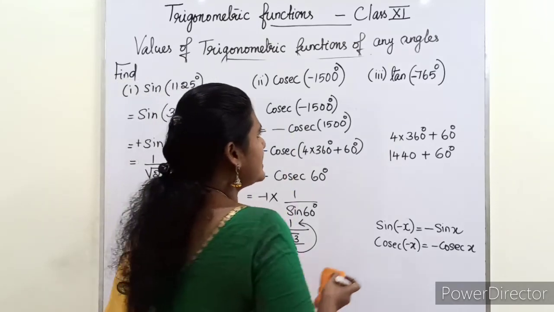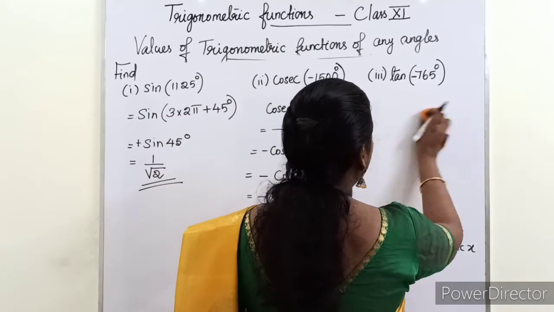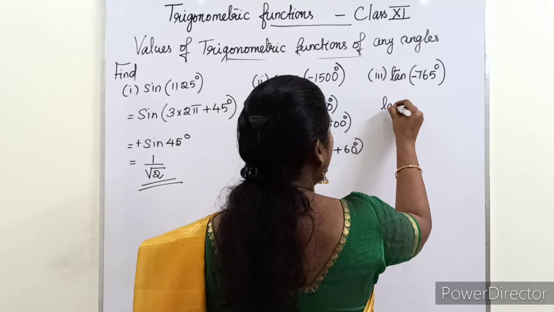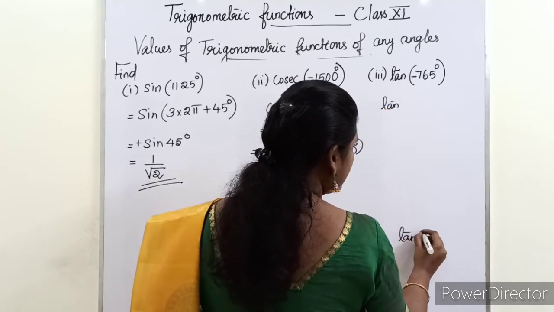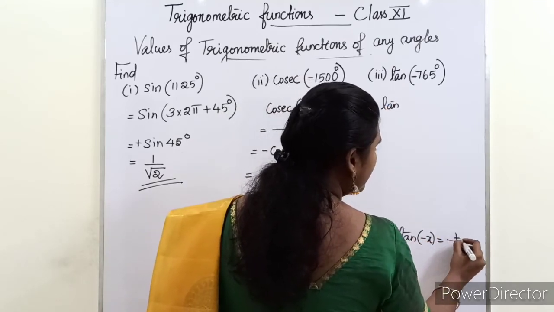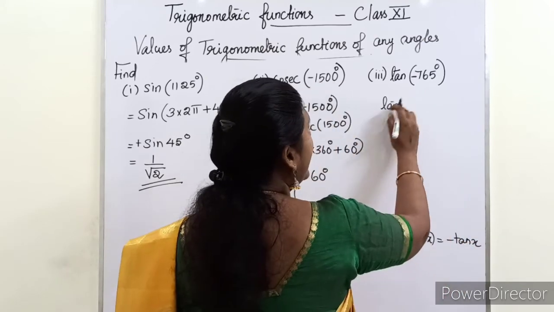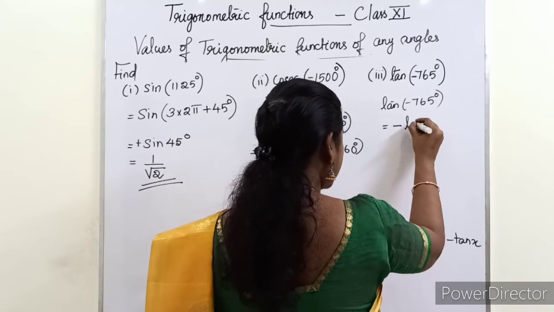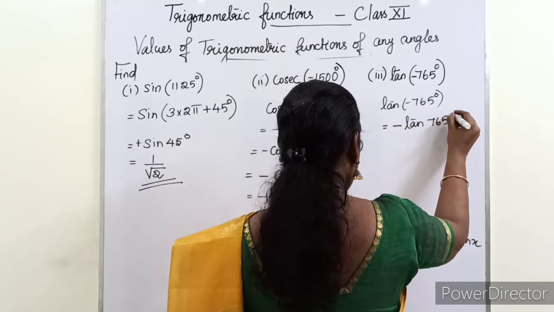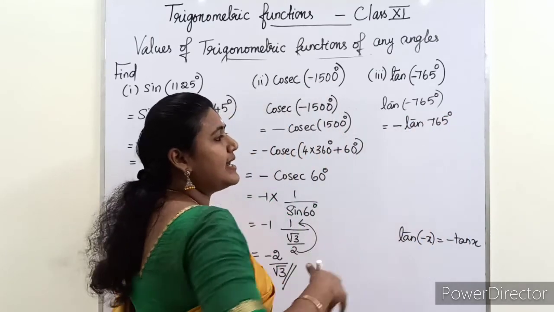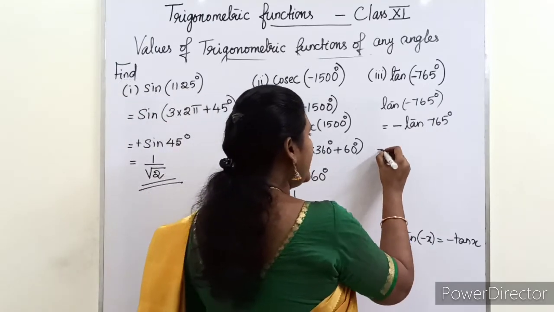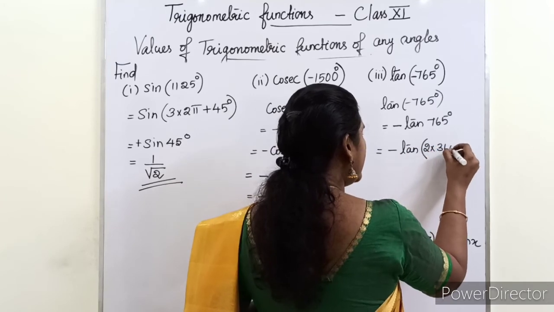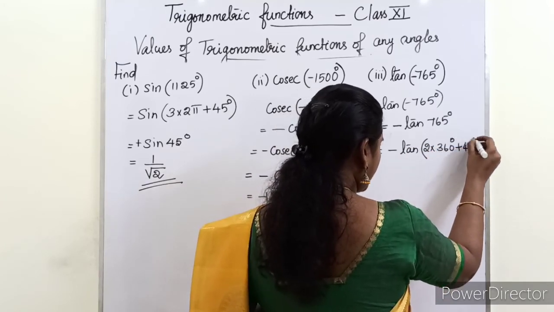Now the third question, tan minus 765. So we can write tan of minus x, what is tan of minus x? Tan of minus x is minus tan x. So tan minus 765 degree we can write as minus tan 765 degree. Again we will express the angle as an integral multiple of 2 pi, that is minus tan of 2 into 360 plus 45 degree.